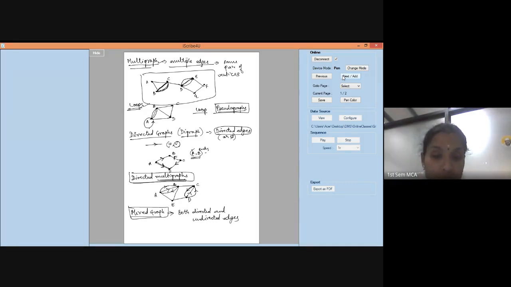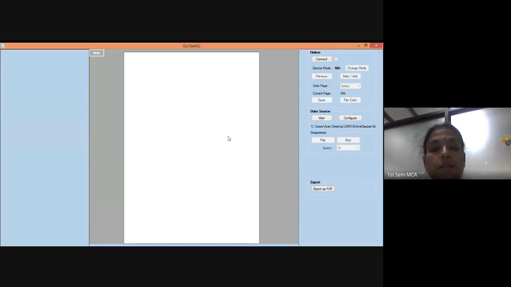So some edges could be directed, some edges could be undirected, then such a graph is called a mixed graph. So these are the different types of graphs, and the graph can be represented using these various representations.